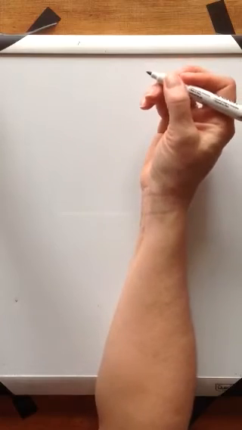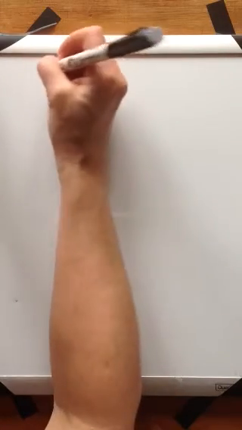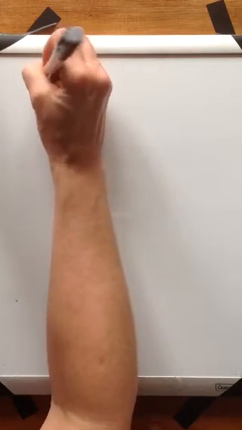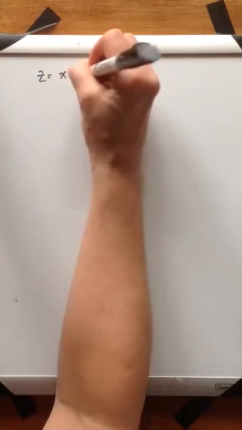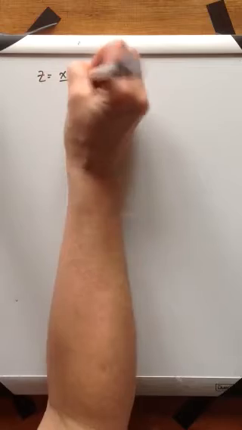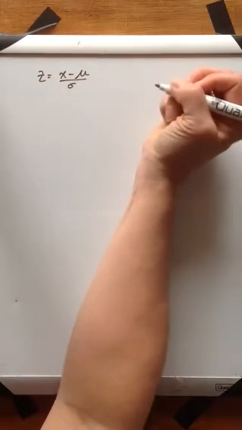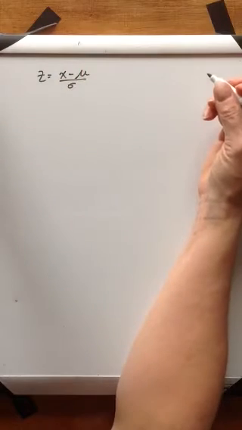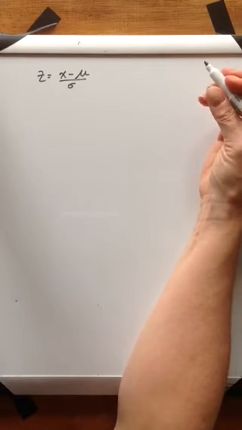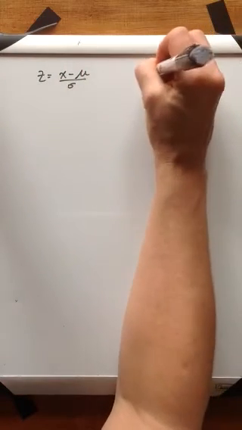Okay, so the formula for if it's a population that you're finding the z-score of is z is equal to the value of the data point minus the mean, divided by the standard deviation for that particular data set. And we looked at standard deviation in the previous lesson. For a sample, it's very similar.